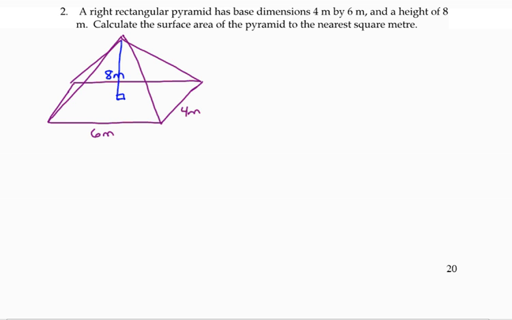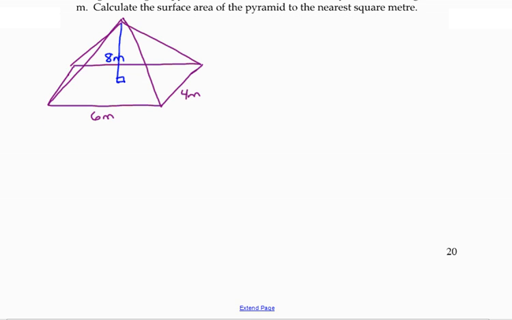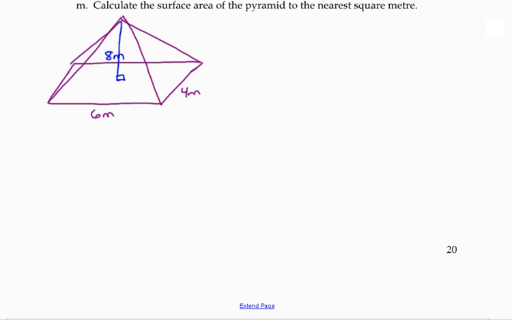Yes, Nadia. It's always helpful to draw the net, and this would not be the slant height. If we were to draw the net of this shape and open it up, we would have to figure out what the slant heights are. We're going to have to solve for them.